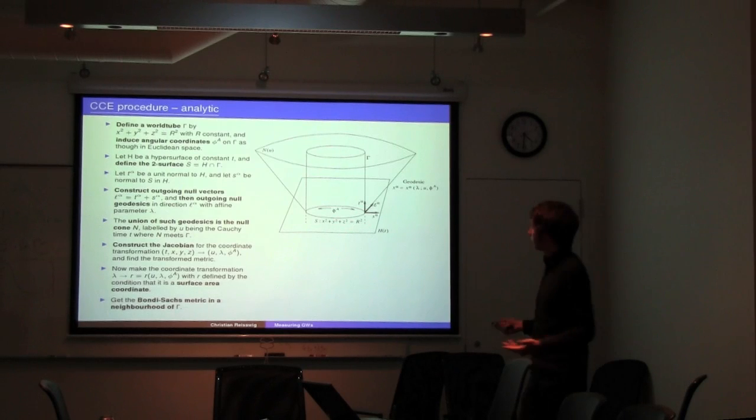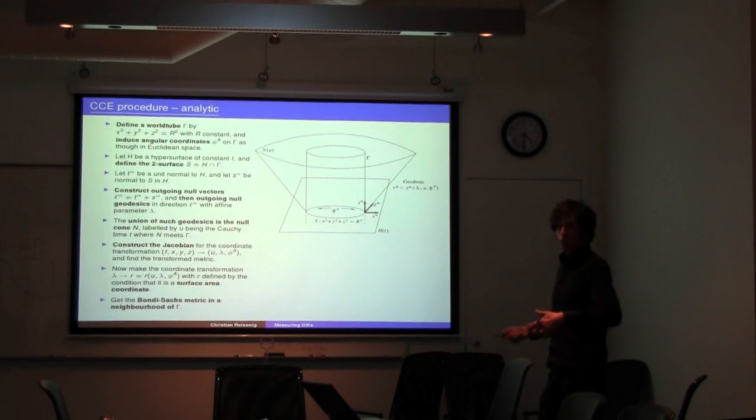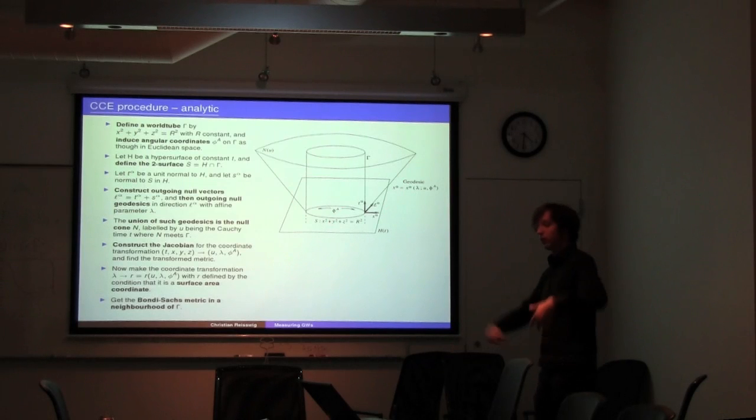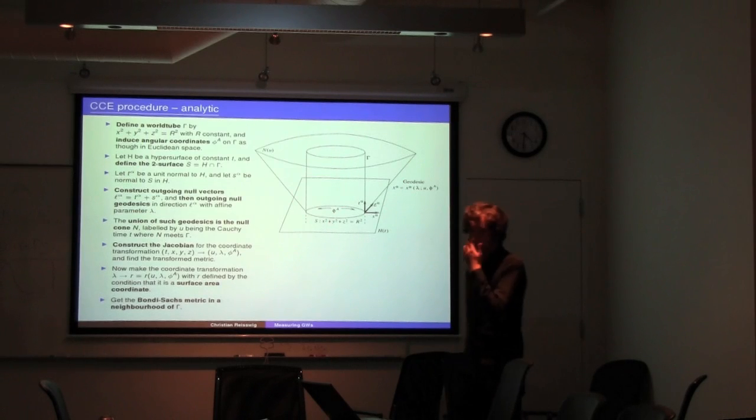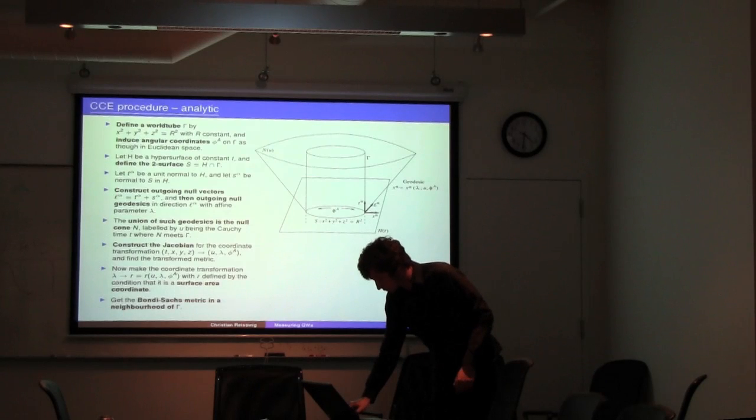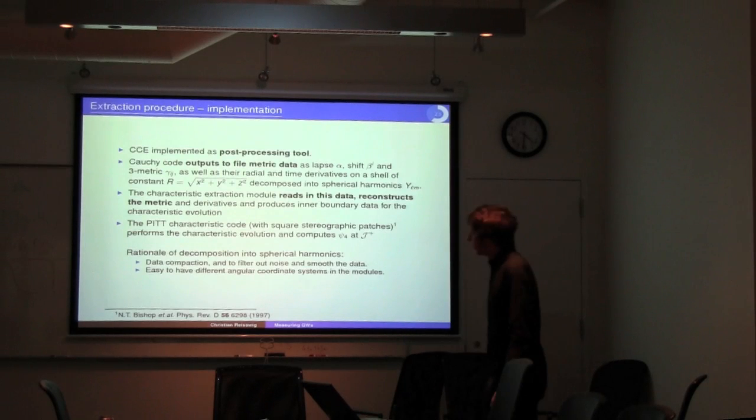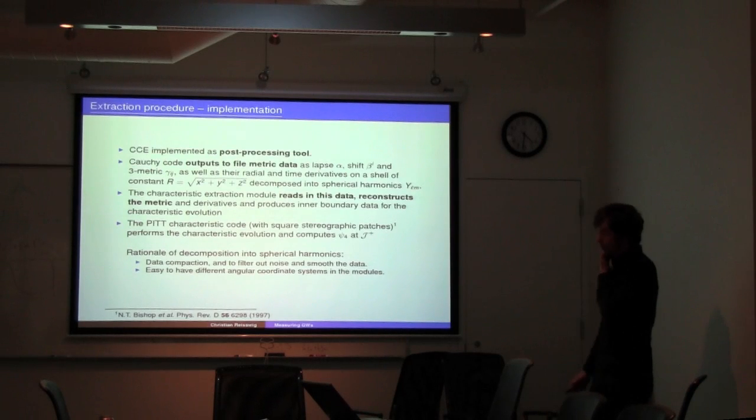And this can then be used to present it to the null code, and the null code can integrate these boundary data onto scri plus. And we have implemented this as a post-processing tool.